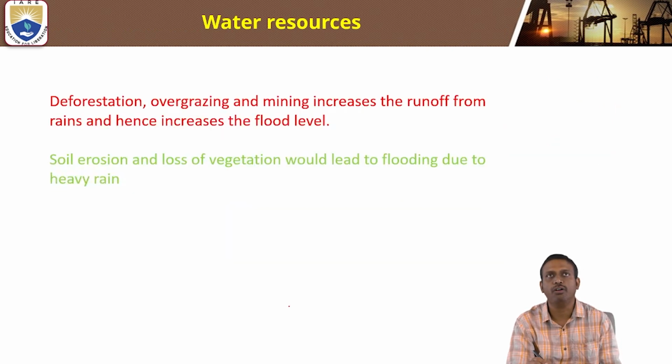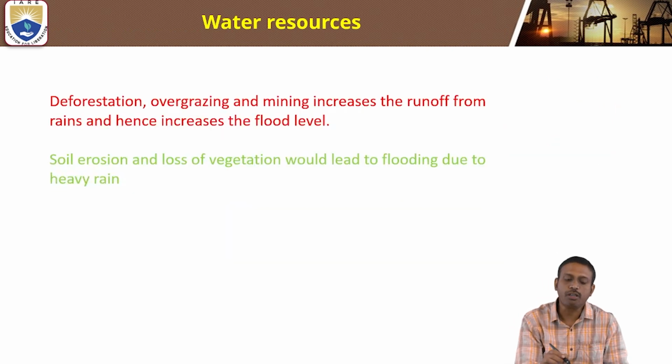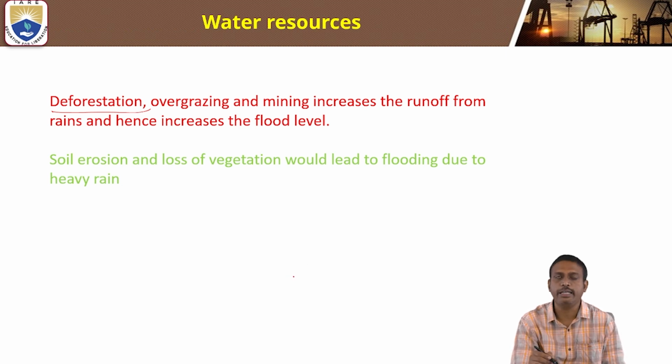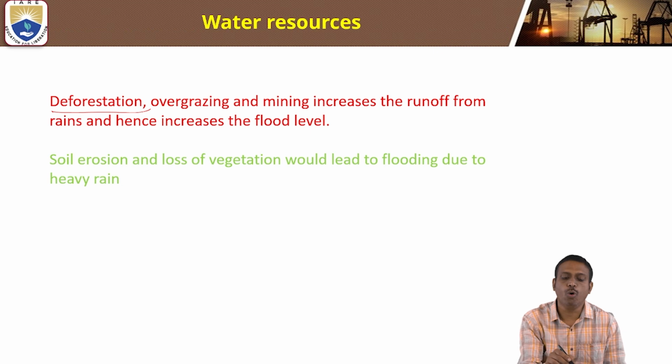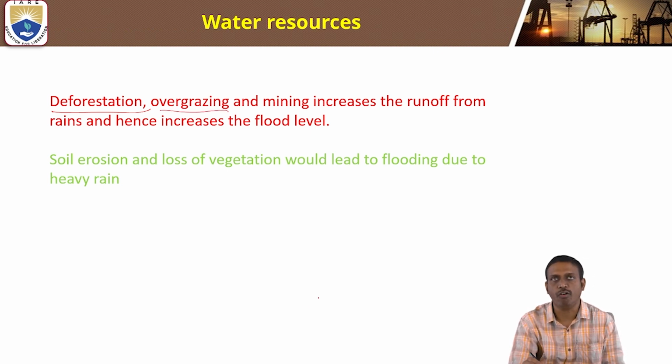Some more causes of floods. One is deforestation, meaning removal of forest, destruction of plants and trees from the forest, which also leads to floods. Overgrazing and excess agriculture, excess farming, also lead to floods.